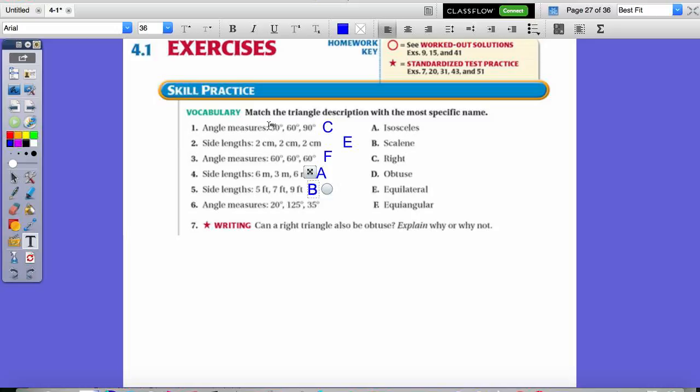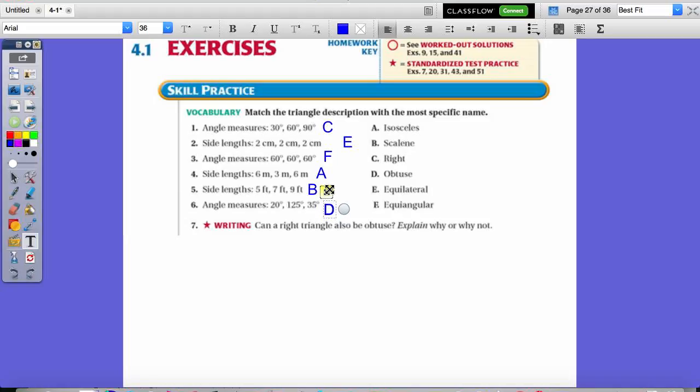So right now we know that for 30, 60, 90, all the angles are different, but one of them is a right angle. And for side lengths 5, 7, and 9, all of them are different. That is scalene. Angle measures of 20, 125, and 35 degrees. Once one angle has a measure of greater than 90, it is obtuse.